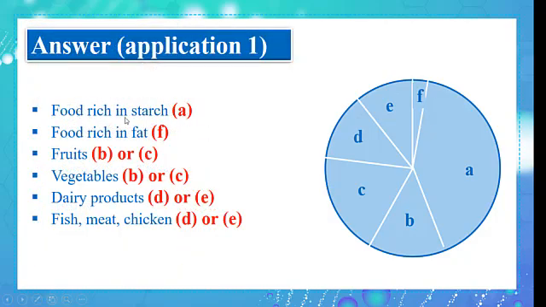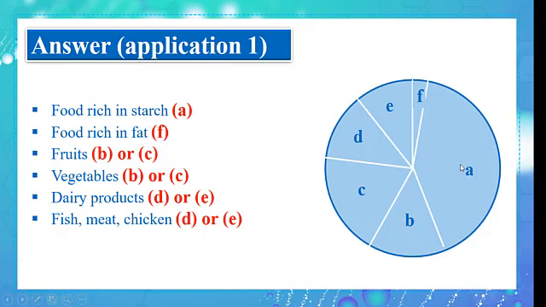Now let's move to the answer. Food rich in starch is A, because it is the largest group in the food pyramid. Food rich in fat is F, because it is the smallest group in the food pyramid. Fruits and vegetables are B or C. Why?